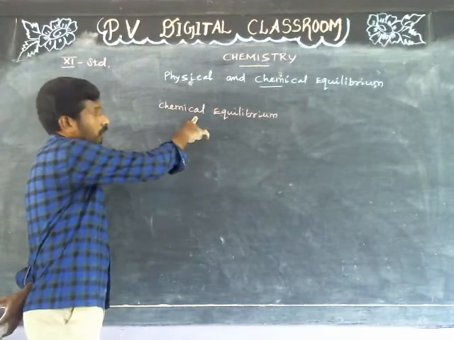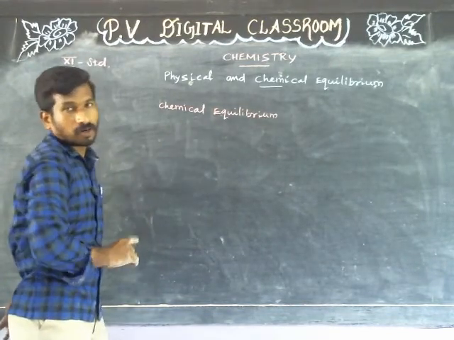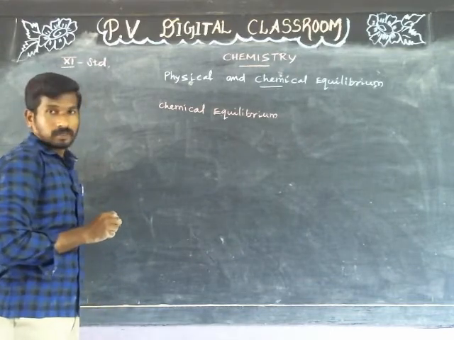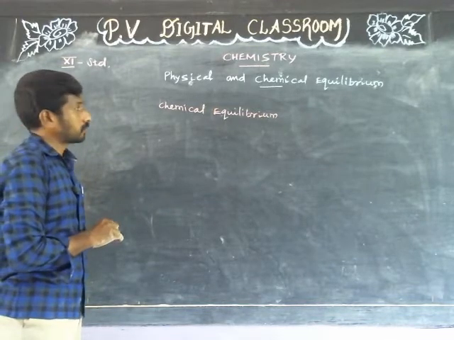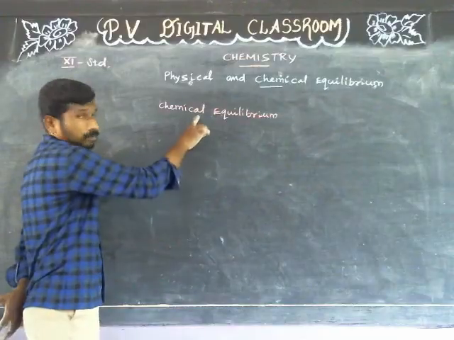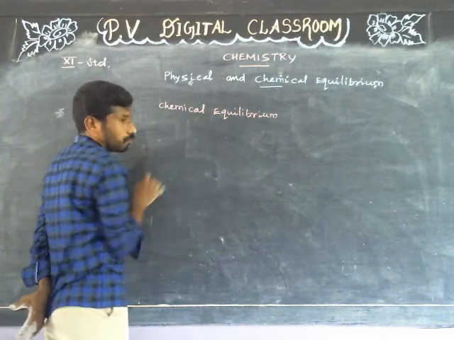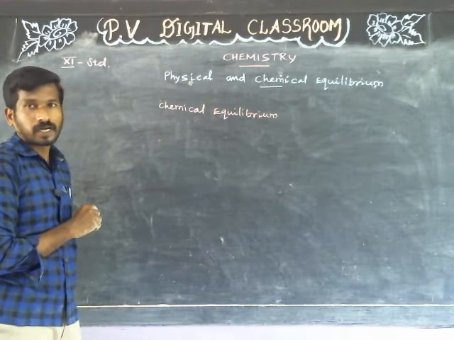Chemical equilibrium is classified into two types based on the physical state of the reactants and products.